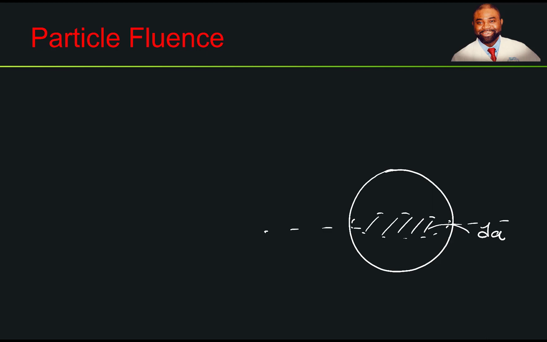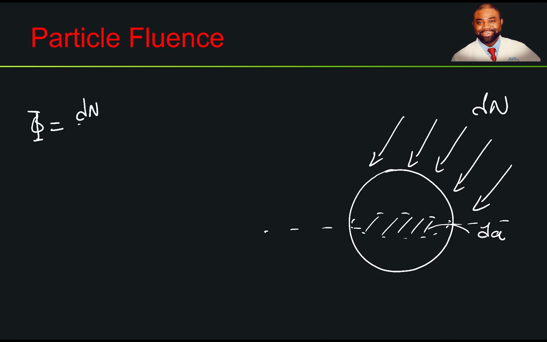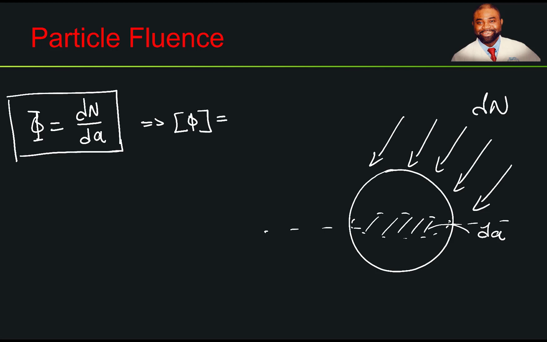If we incident a certain number of particles on this sphere, dN, then the particle fluence is simply defined by the quotient dN divided by dA. This means that the SI unit for fluence is simply per meter squared.